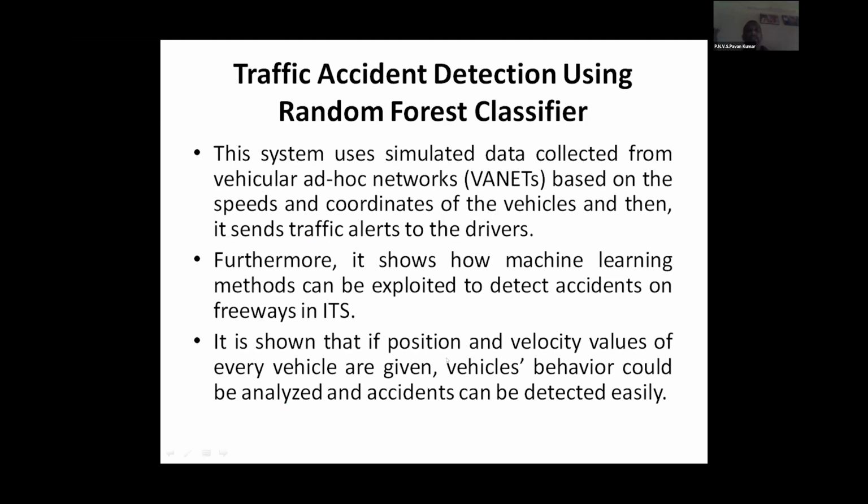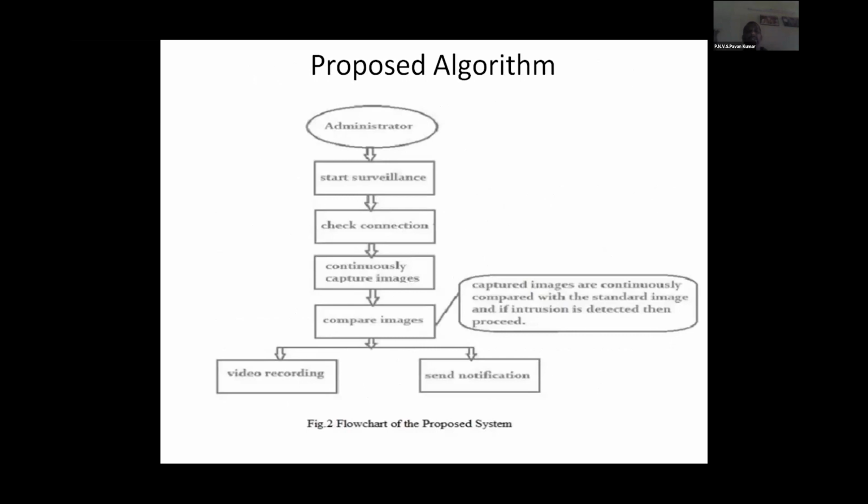It's shown that if the position and velocity values of every vehicle are given, vehicle behavior could be analyzed and accidents can be detected easily. So the position and velocity values of every vehicle should be known, and vehicle behavior can be easily analyzed with these parameters. That is what we concentrated on in this algorithm.